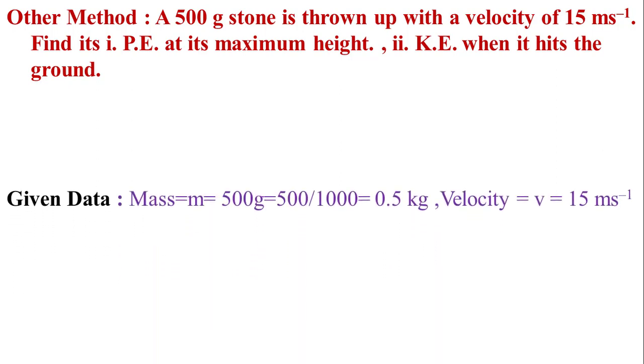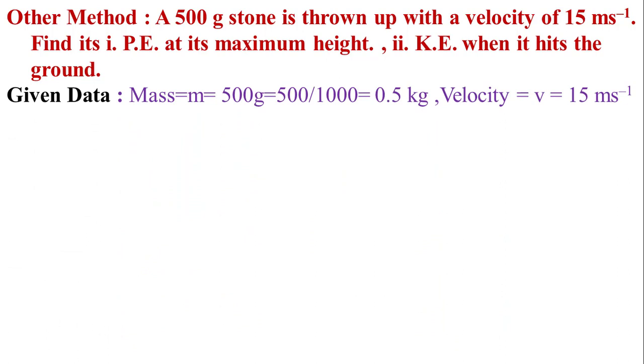So, given data: m is equal to 500 grams. Convert the gram into kg: 500 divided by 1000 is equal to 0.5 kg, and velocity v is equal to 15 meters per second.